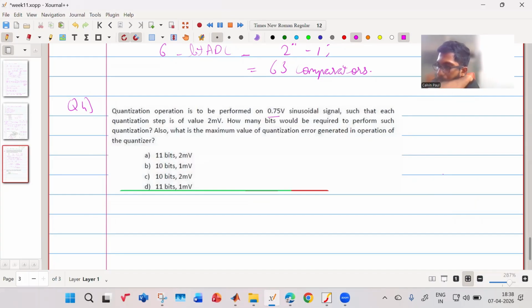What do you mean by quantization? Can anyone tell in simple words what you understand by quantization?